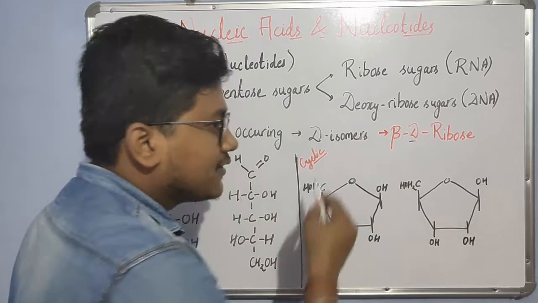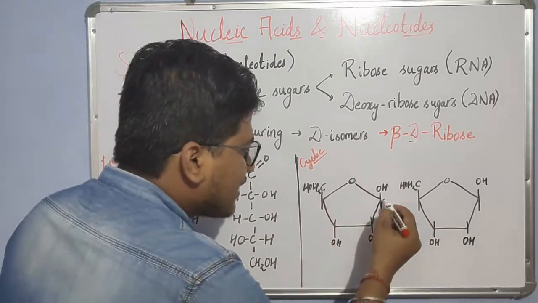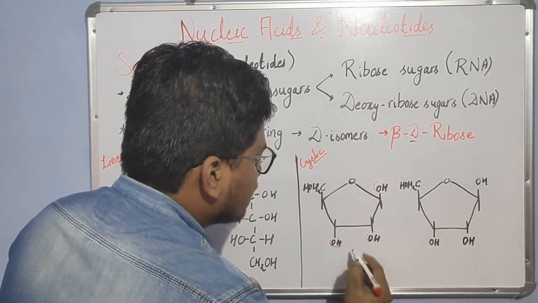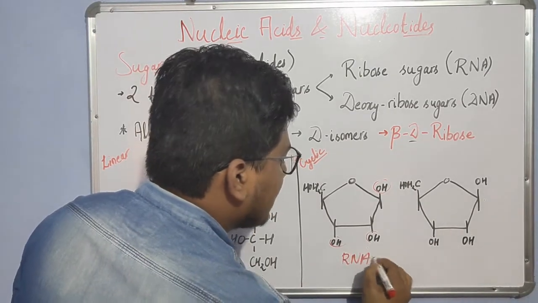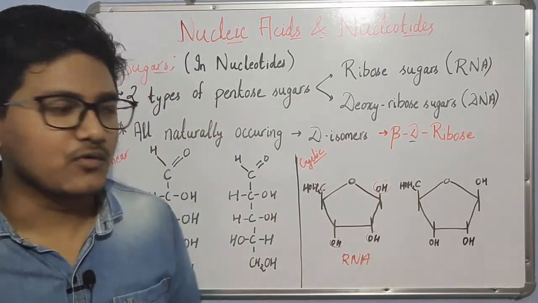This is the structure of the pentose sugar seen in RNA, where each carbon atom is occupied by a hydroxyl group. That is the normal ribose, beta-D-ribose.